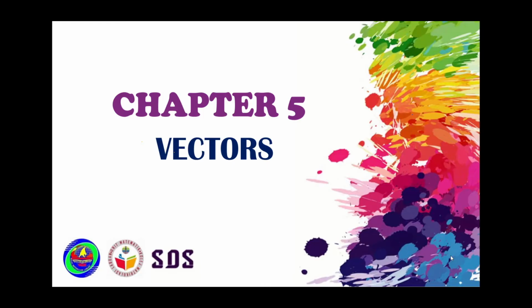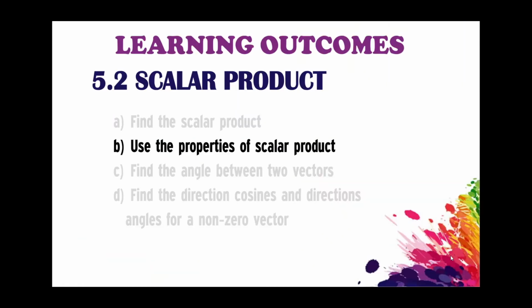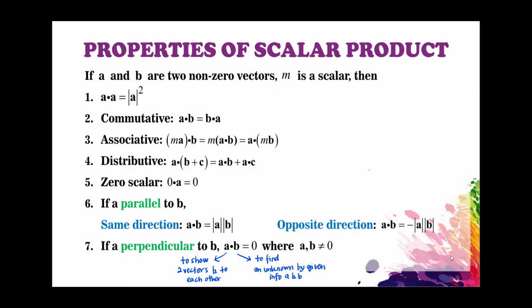In this video, we will proceed with 5.2 scalar product part B. Use the properties of scalar product. The properties of scalar product: if A and B are two non-zero vectors and M is a scalar, then number 1, A dot A will be equal to magnitude A squared.